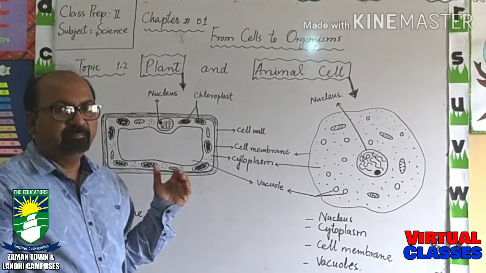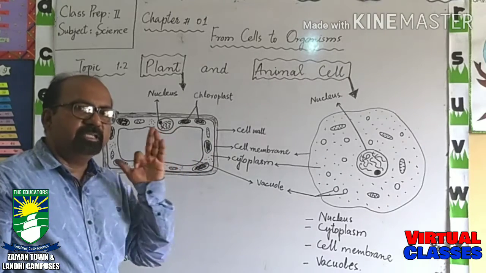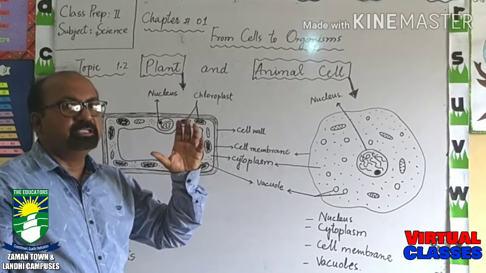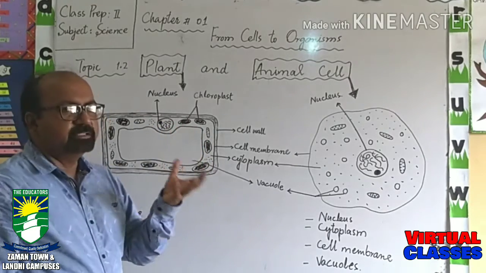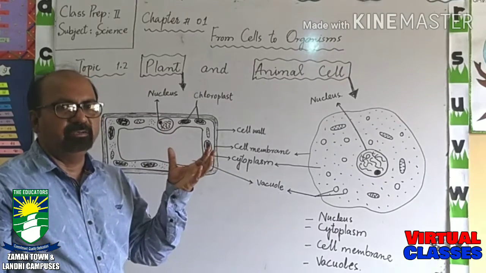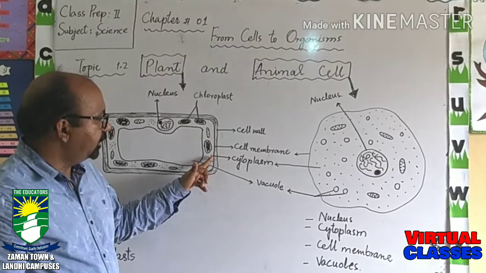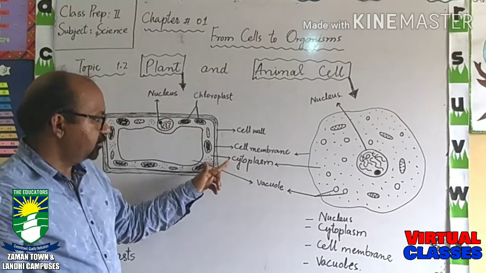present. But all the material which is after the cell membrane, but not nucleus, because nucleus is the solid part and it has some special characteristics. So after the cell membrane, all the organelles are present in the cytoplasm.